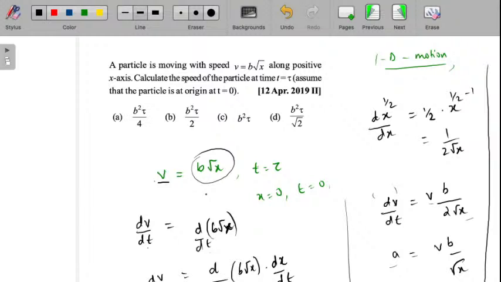That is why we define integration, which is just the opposite of differentiation. Don't you see here that if I could somehow find the value of how my x could depend on time, such that my dx by dt would be the same as b root x.